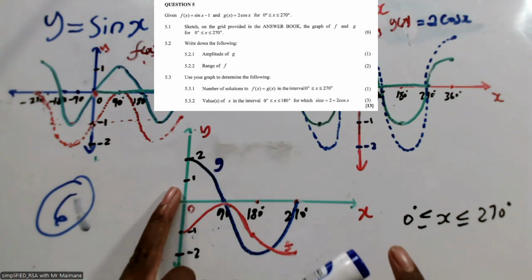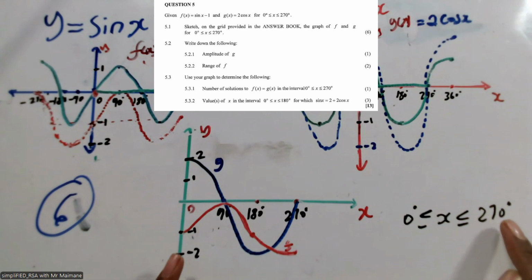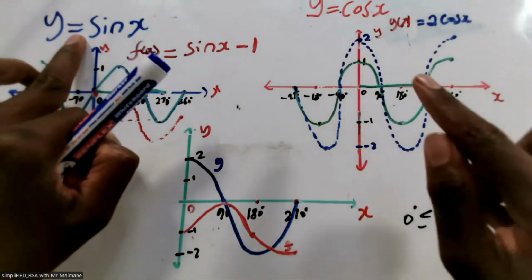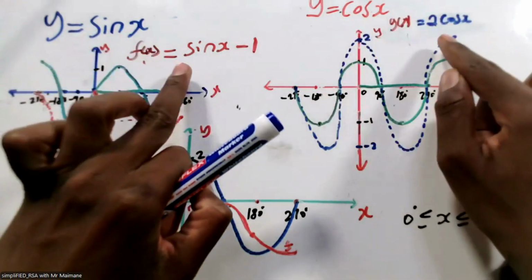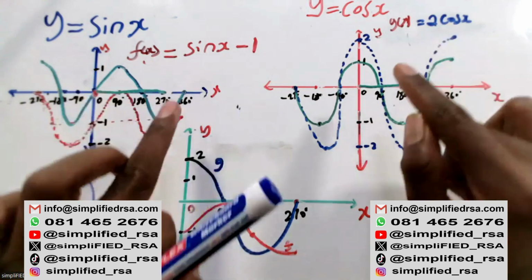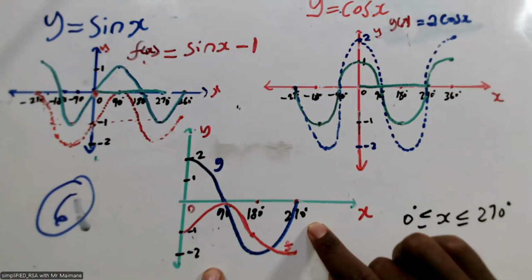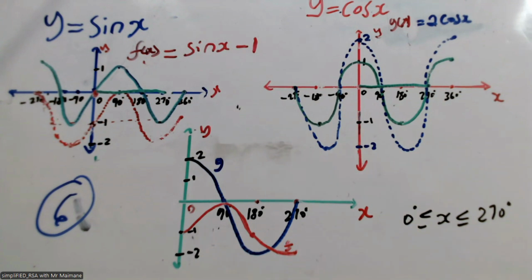So you haven't exceeded the interval. You just show this part of the graph only. We moved from the standard form, then we transformed the graphs, and then we plotted them under one Cartesian plane like that. So this is how you do question number 5.1.